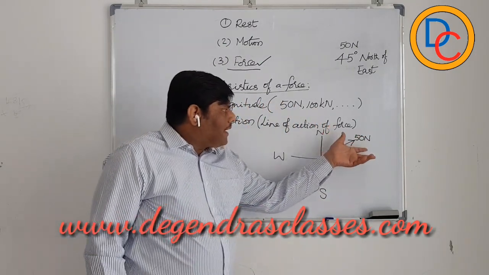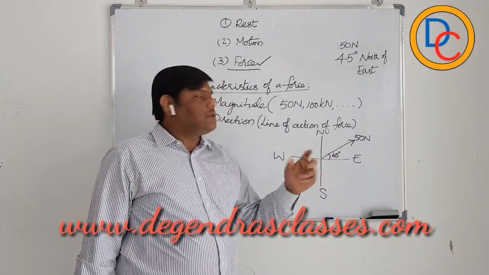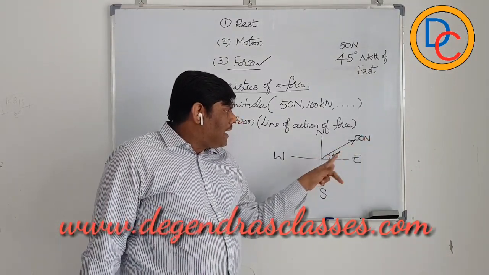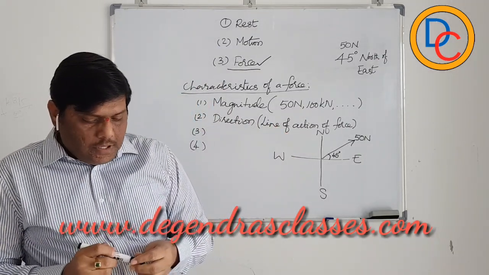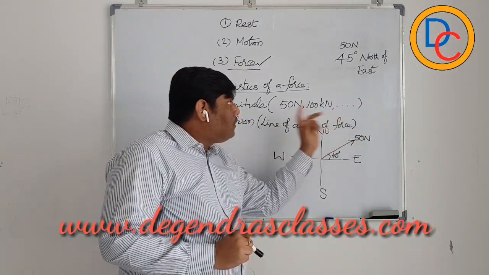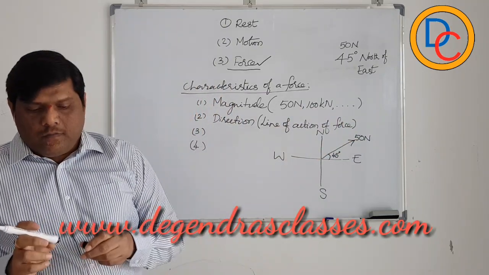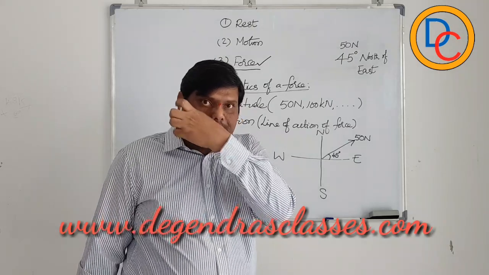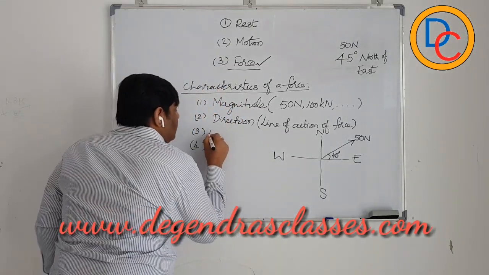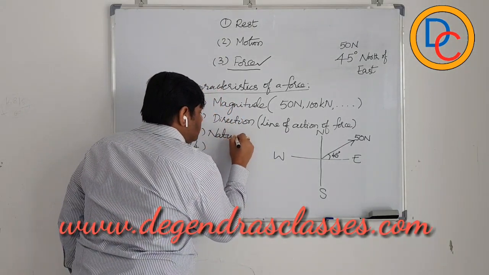So this is how we can represent a force by its magnitude and direction. Apart from these two characteristics, two more characteristics we can consider. What is that? Nature of force.